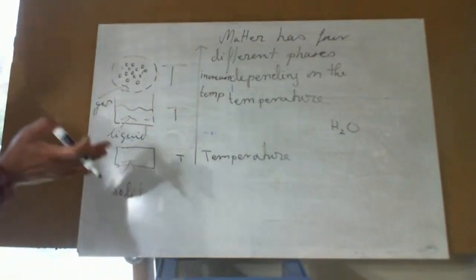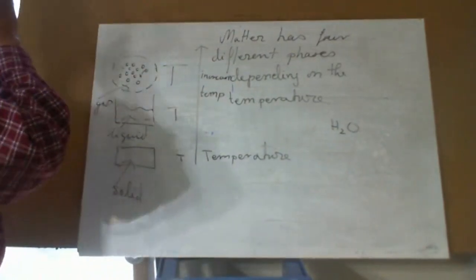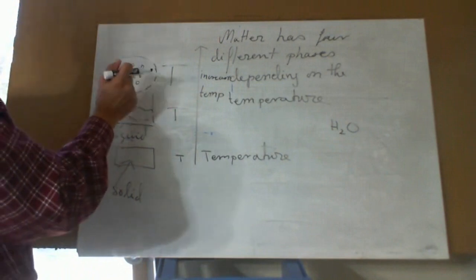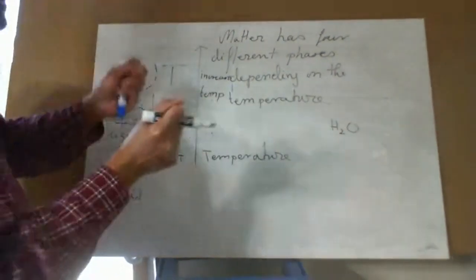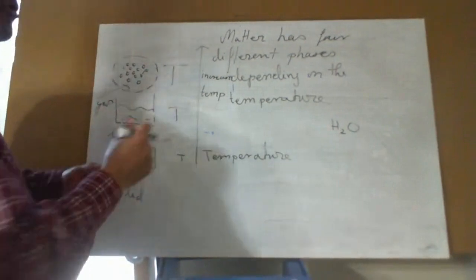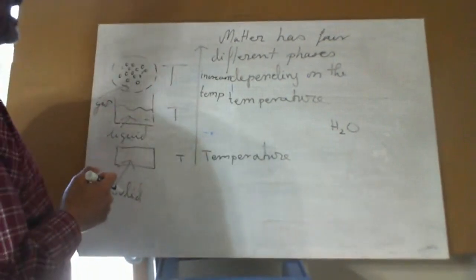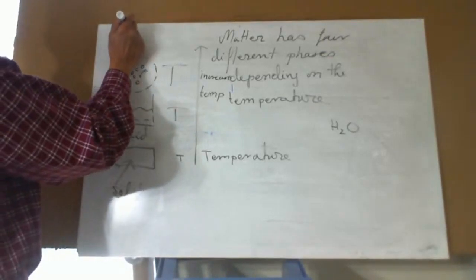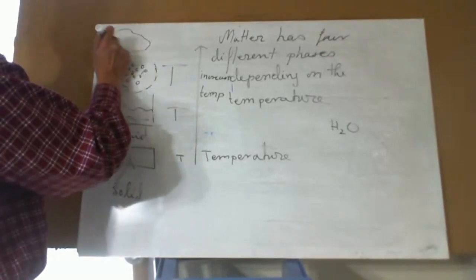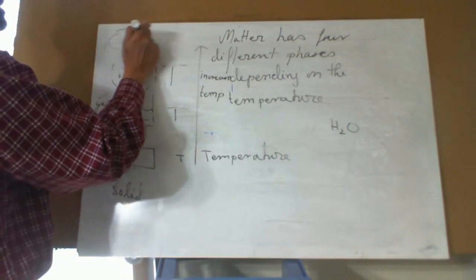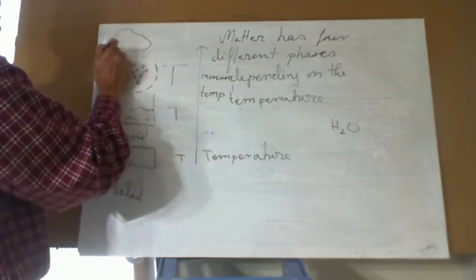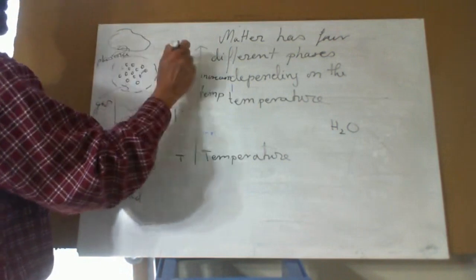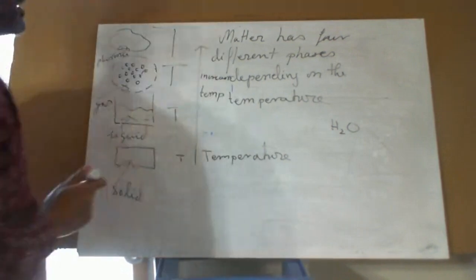And if you raise the temperature even higher, at a certain point these atoms and molecules will begin to pull apart. The electrons will be pulled apart, and it turns into a phase called plasma. It's very bright, and this occurs at a really high temperature.